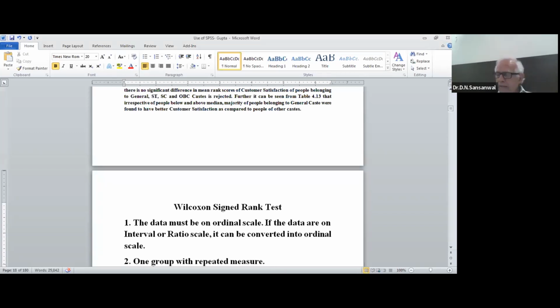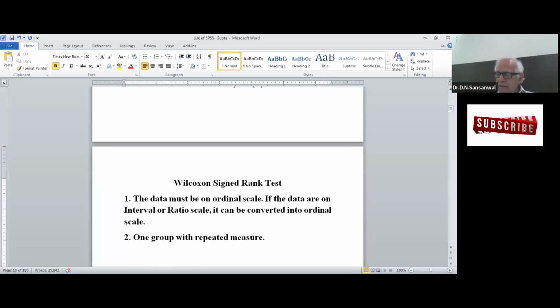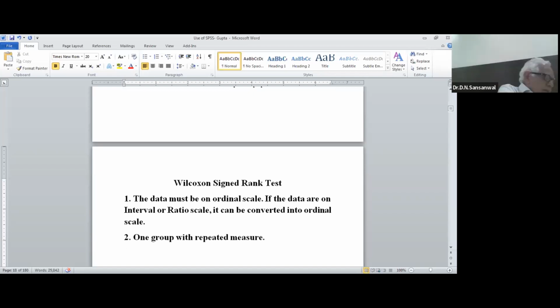And then another one is that here the sample size should be at least 16.